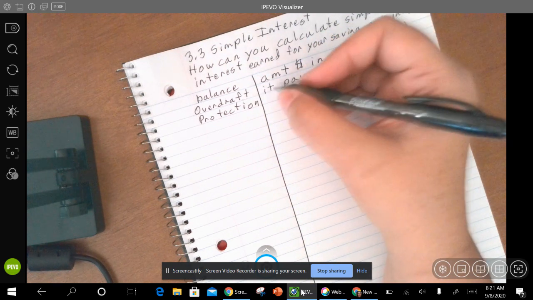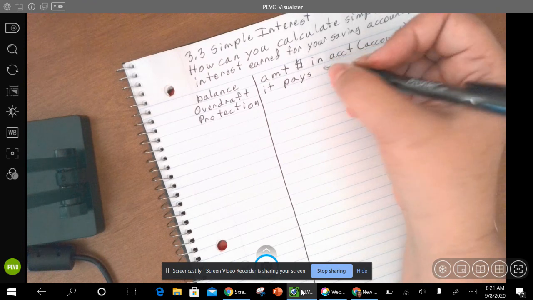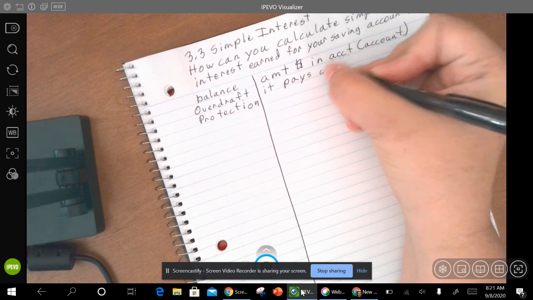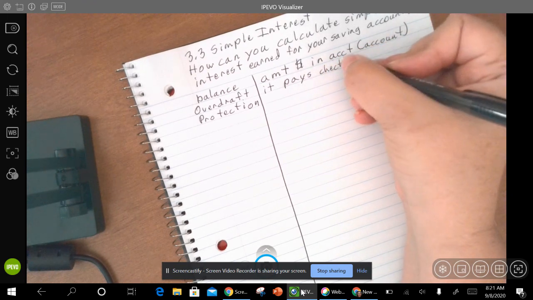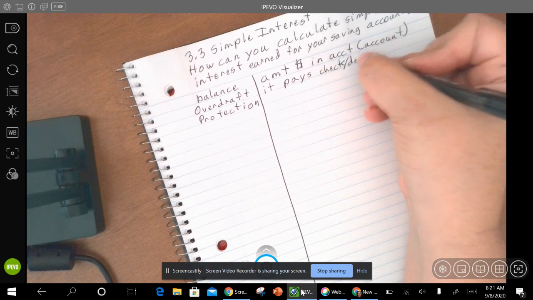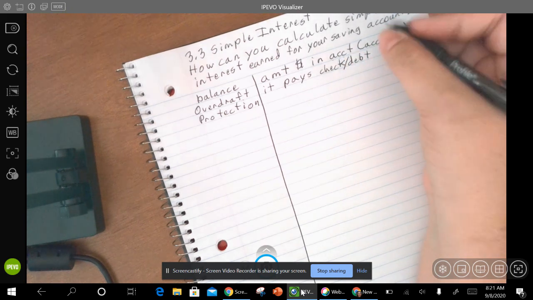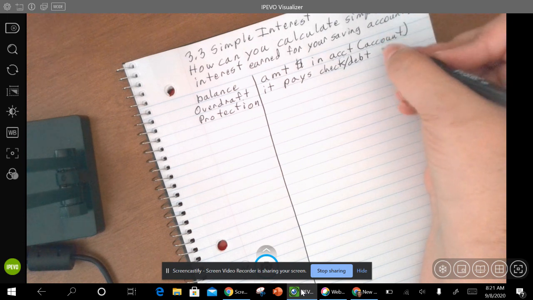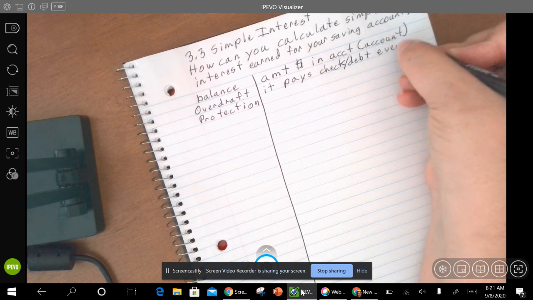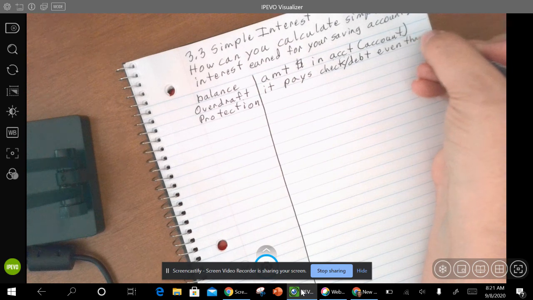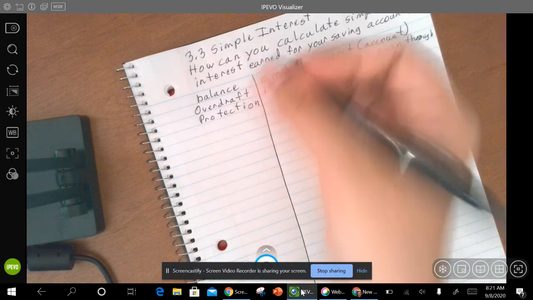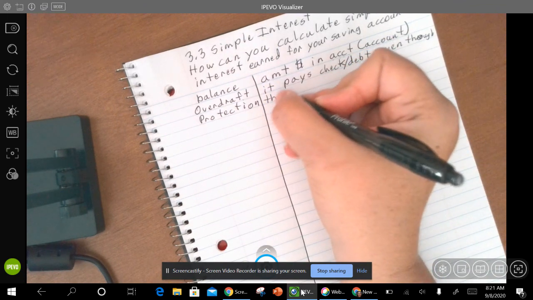Overdraft protection means it pays if you wrote a check or did a debit or a withdrawal, anything that you do, even though there isn't enough money in the account to cover it.